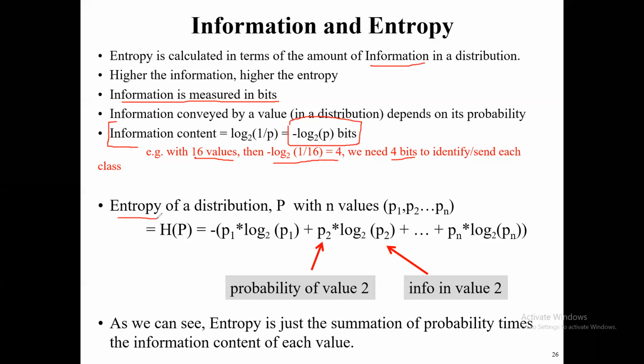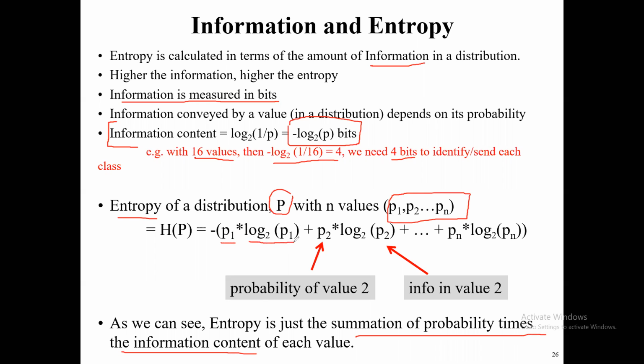Now, what is entropy? Entropy is nothing but the summation of probability times the information content of each of the values. So for example, if we want to calculate entropy of a distribution P with n number of values in that distribution, P1, P2 up to Pn, the formula will be P1 times information content of P1, that is log of P1, P2 times log of P2, and so on.